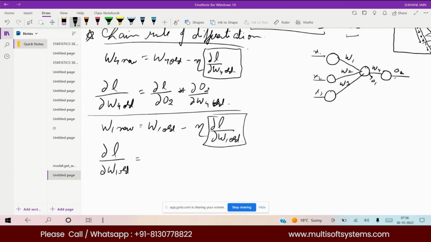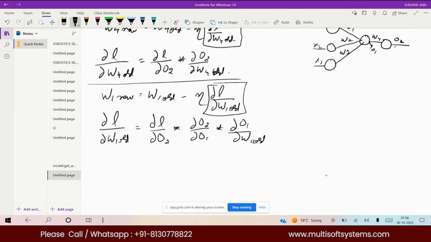Derivative of loss is dependent on derivative of O2, multiplied by derivative of O2 dependent on derivative of O1, multiplied by derivative of O1 dependent on derivative of W1. This is my chain rule.